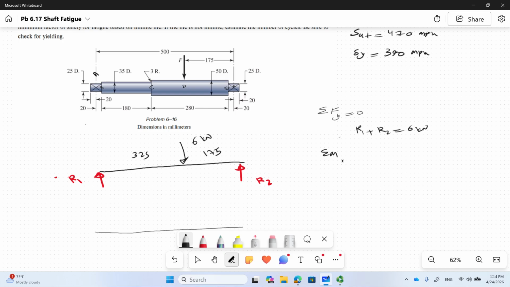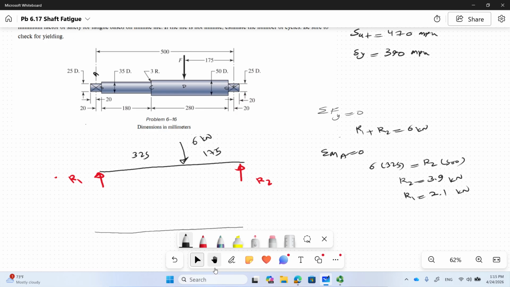Then I take moment about A: the 6 kilonewton force times the distance from point A, 325, equals the right bearing R2 times the entire length, 500. From here R2 will be 3.9 kilonewton, and then R1 will be 2.1 kilonewton.